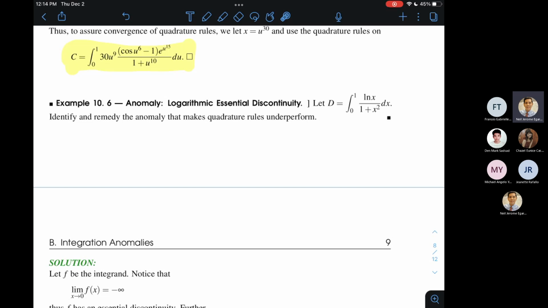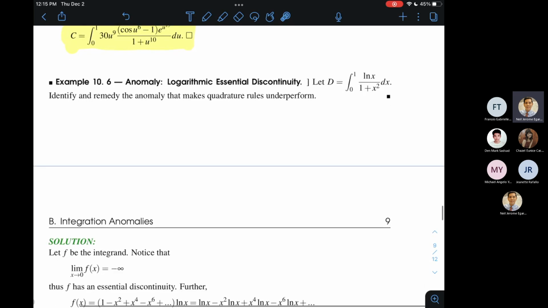So ganun yung usual technique. Walang one size fit all dito sa pagtatanggal ng mga integration anomalies. So you need to be a little bit creative about this kasi nga baka yung method na suggested, for example 6, will not work for other functions with logarithmic essential discontinuity, right? So but let's see nevertheless ano yung pwede natin gawin.